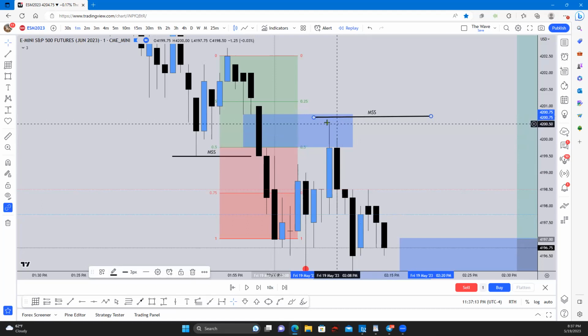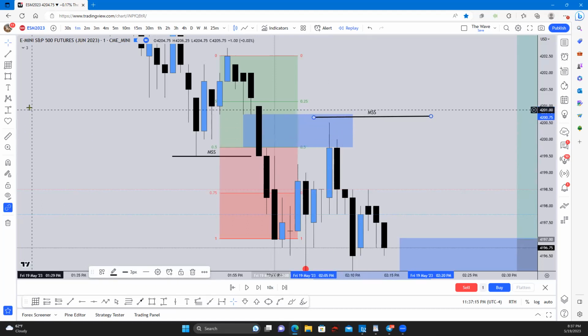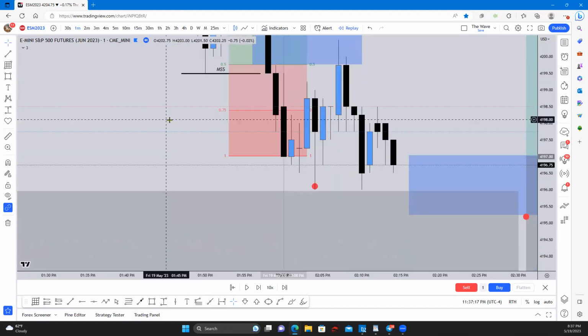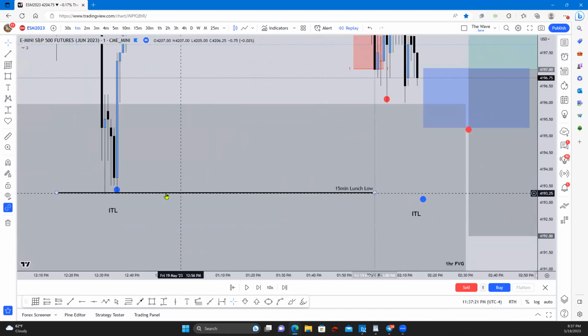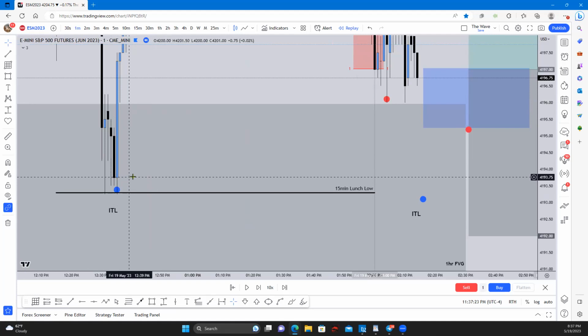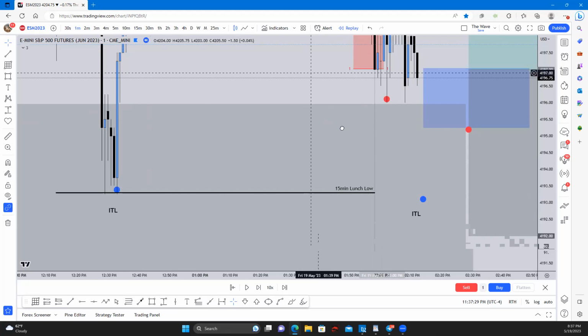So this is our new lower high we put in. If you knew that the 15-minute lunch low is your draw on liquidity, right? We have relatively equal lows there. This is the 15-minute lunch low.